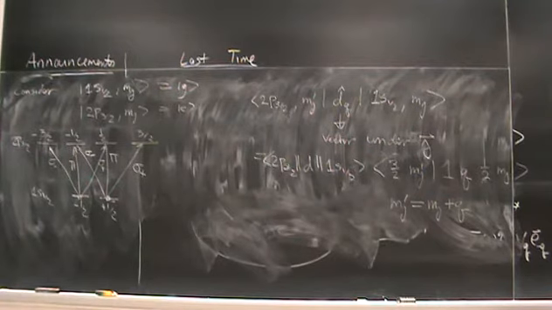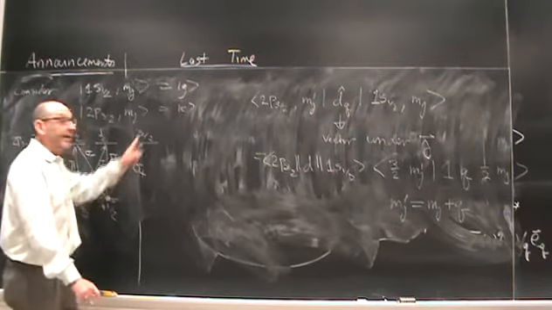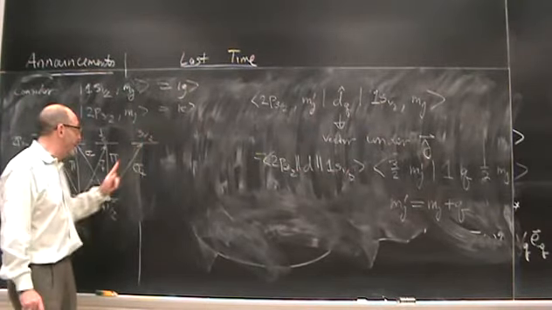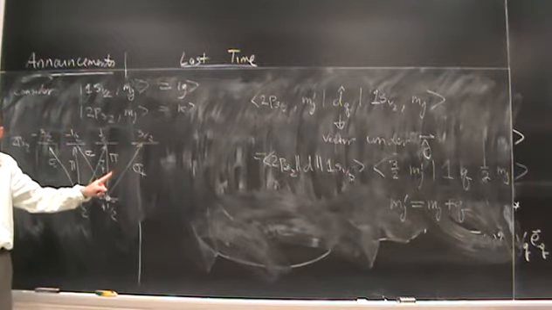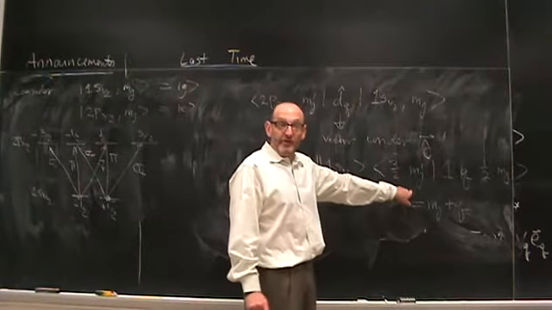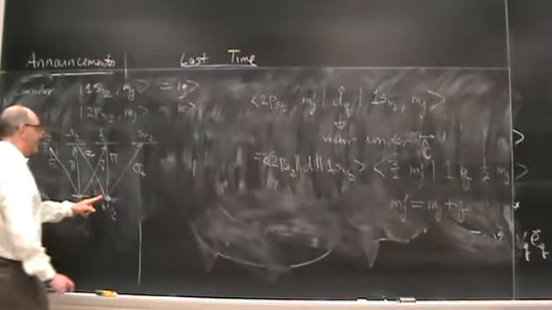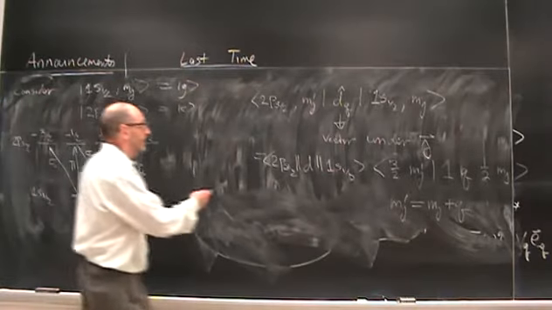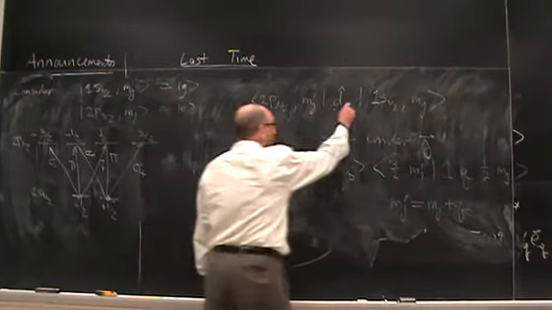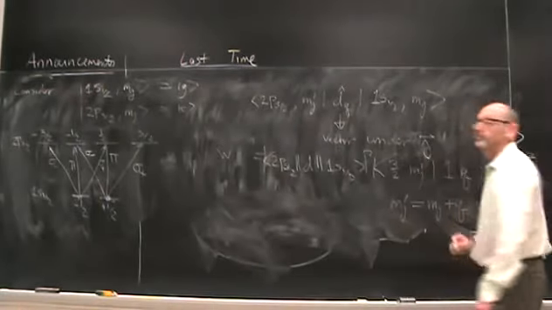Okay? The amplitude, or the probability of doing it, the rate of doing that, depends on the square of the matrix element, which depends on the square of the Clebsch-Gordan coefficient. So the rate of absorption, if I have a pure q, depends on the square of this guy.